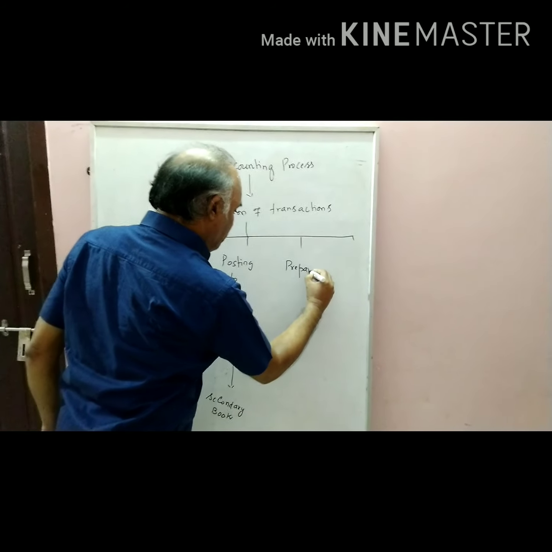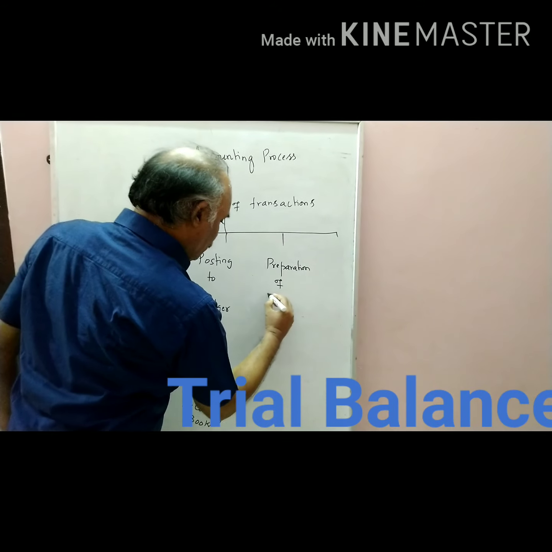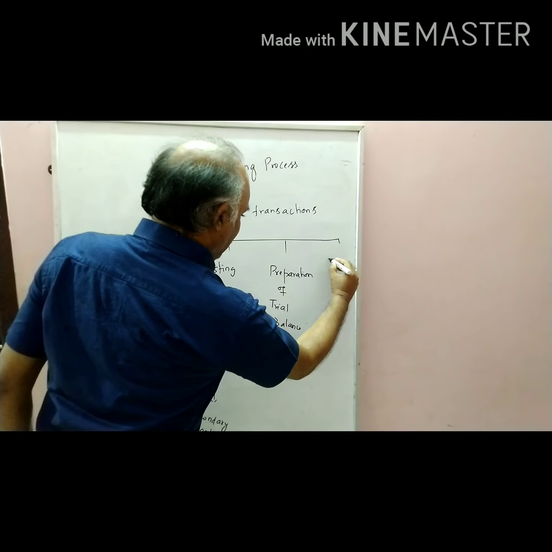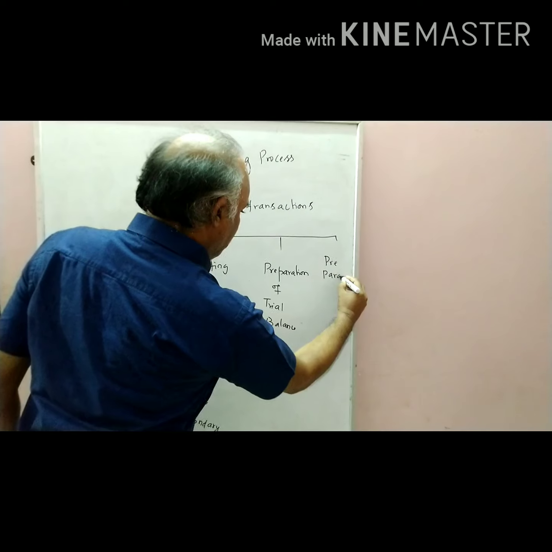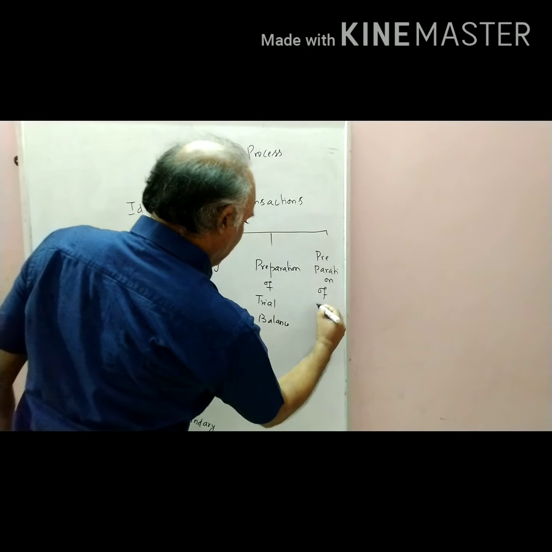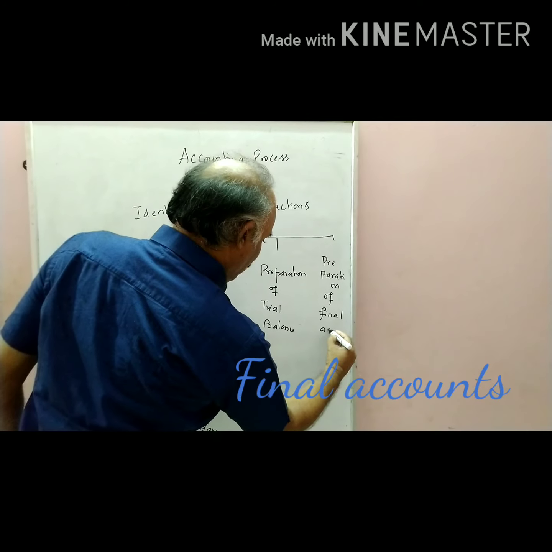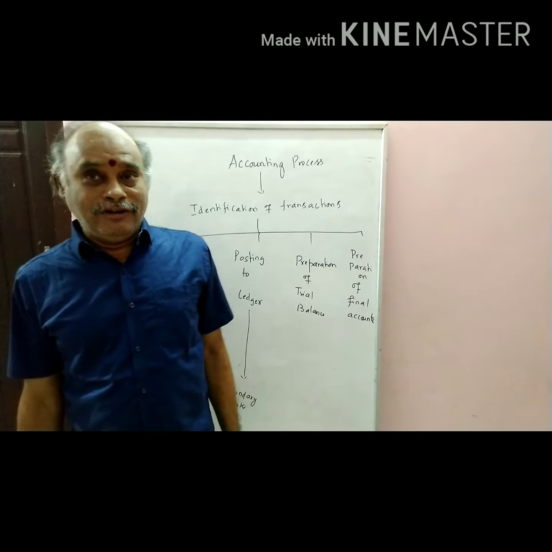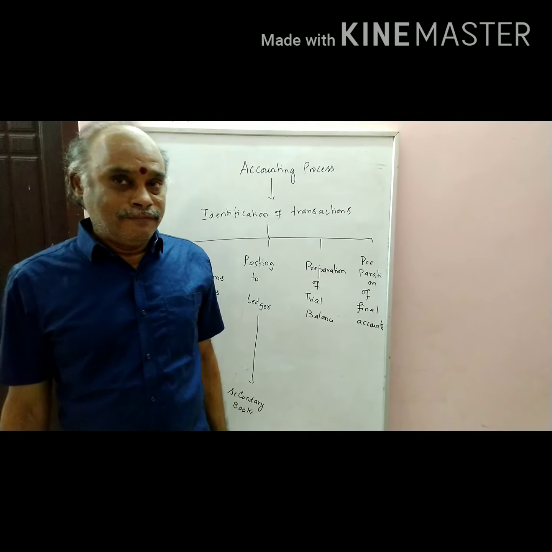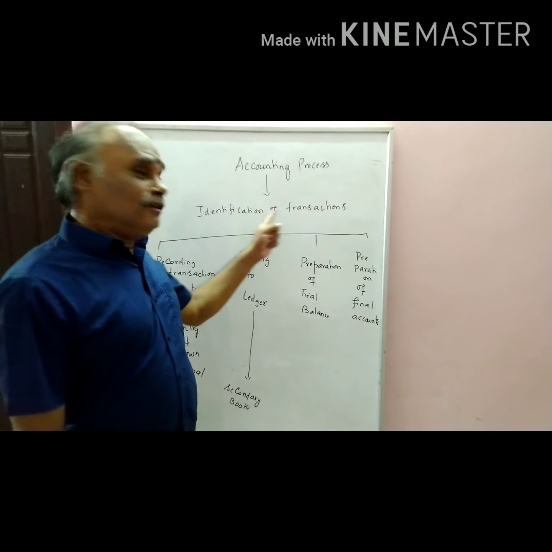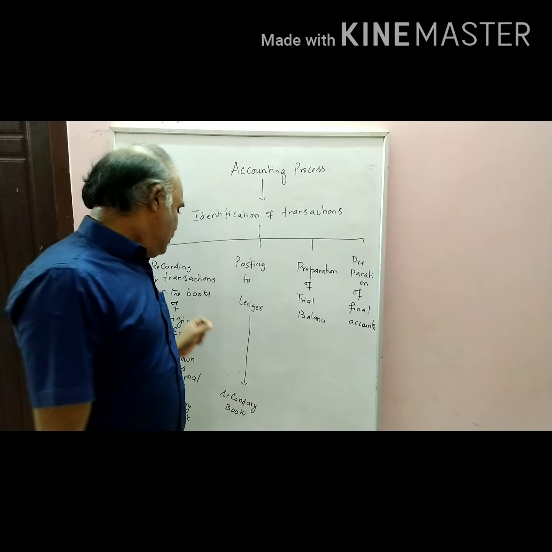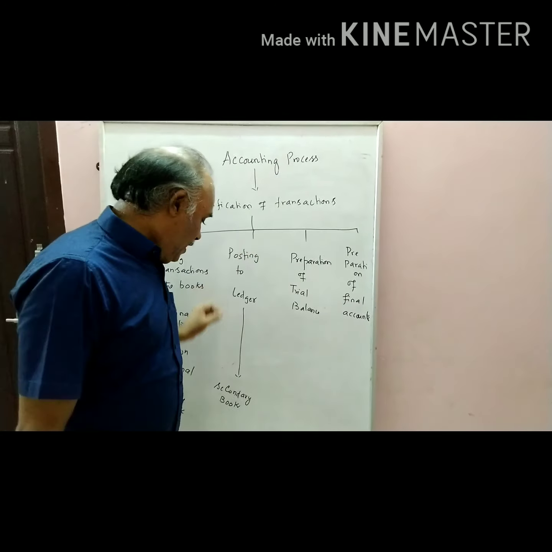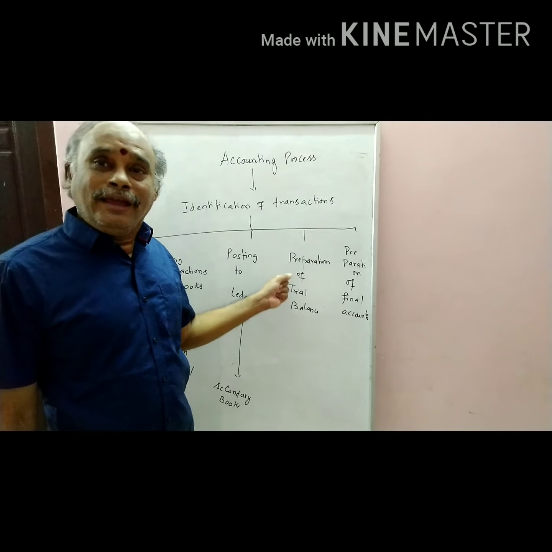Then preparation of trial balance, and finally preparation of final accounts, which I had shown as the profit and loss account and balance sheet in my earlier videos. So first we have to identify the transaction and record in the journal, then post in the ledger, and based on this ledger you are going to prepare the trial balance.